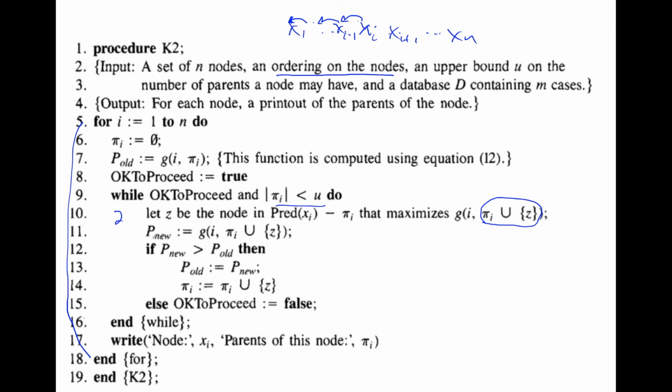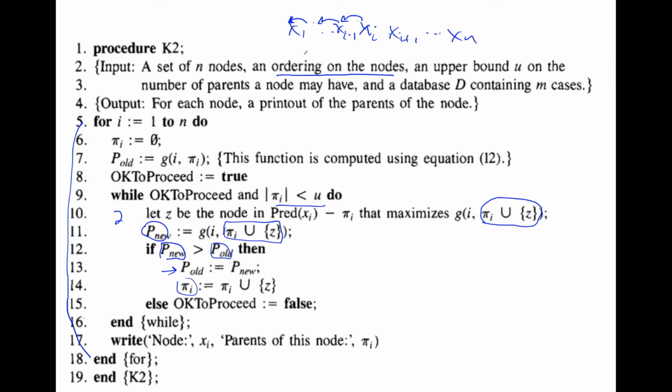And you're going to propose then a new score, which is the family score, assuming your family is augmented to include that new parent. And then you're going to see if that new score improves upon the old score. And if it does, you accept that new score, and then you update your parent set to include that Z. So on each iteration, we say let Z be the node in your predecessor list that maximizes the family score.